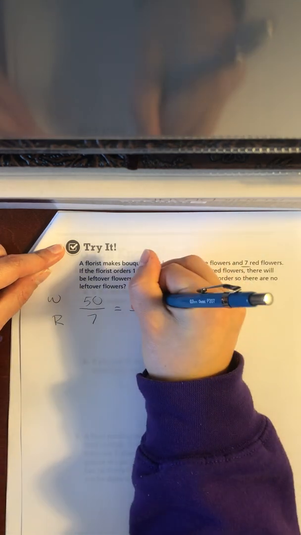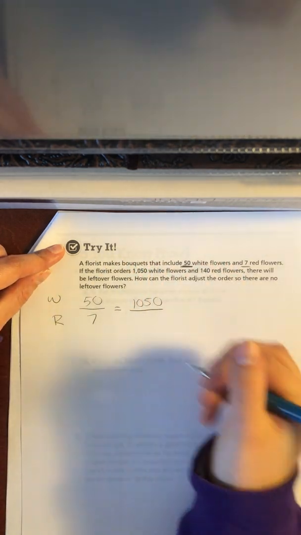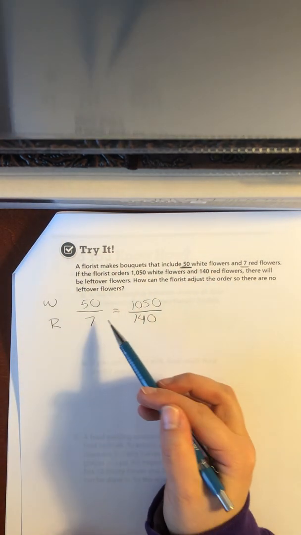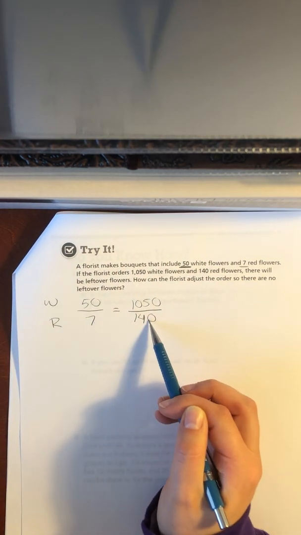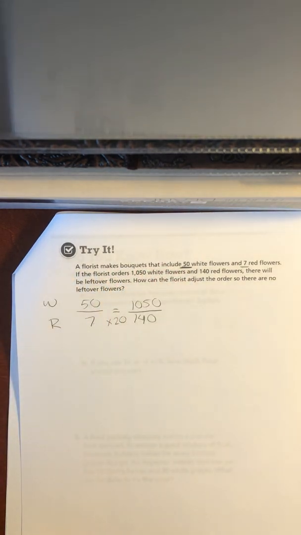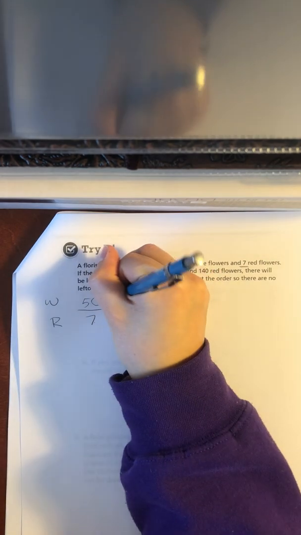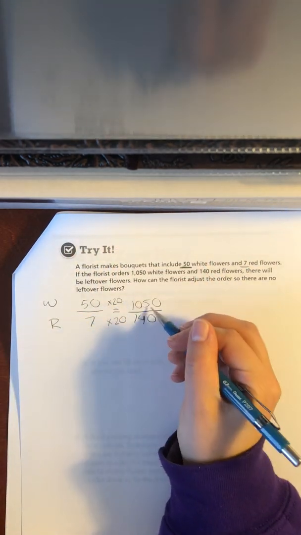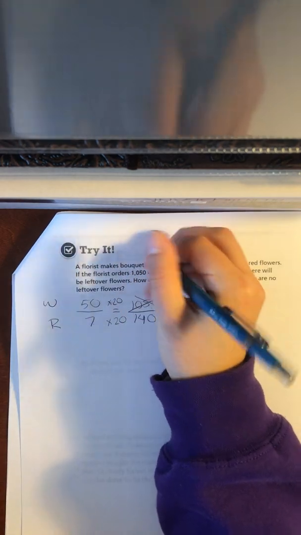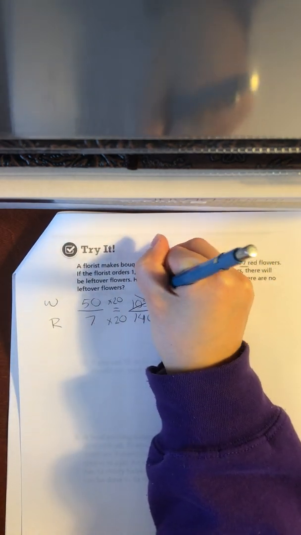And then I'm going to look at this and just see if it's a proportional relationship. So I'm going to put, once again, white flowers on top, and then the red flowers on the bottom. So I'm noticing here, to get from 7 to 140, I would have to multiply by 20, right? Now if I multiply the top by 20, well, 50 times 20 is not 1,050. 50 times 20 is actually 1,000.